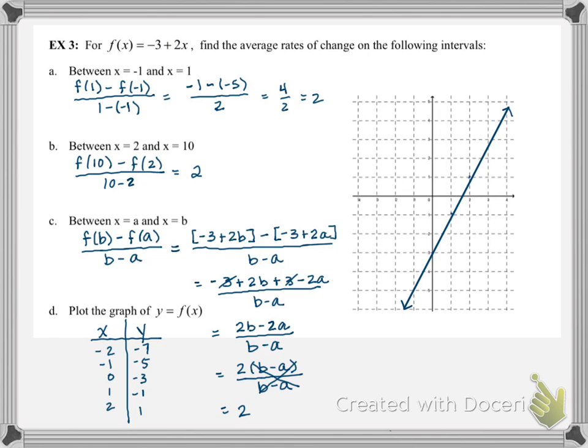be the same, right? Whereas when we had a curve, if I picked different points, it gave me different secant lines.